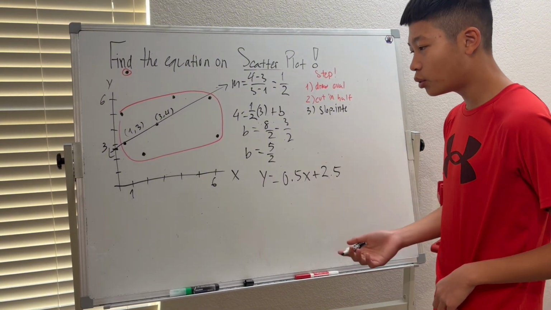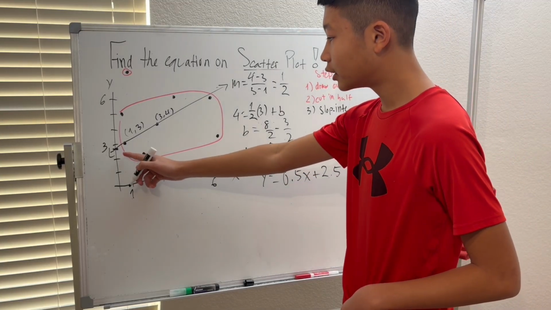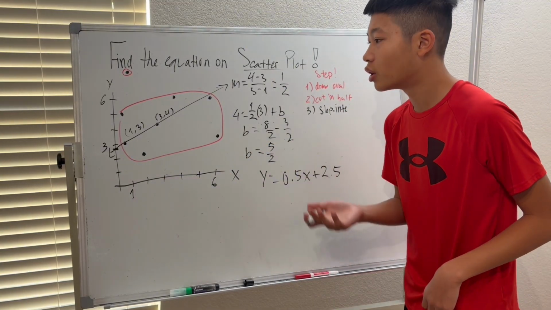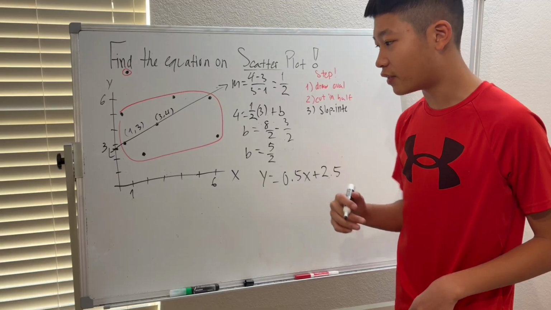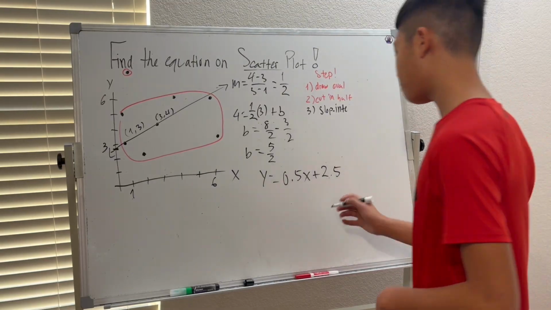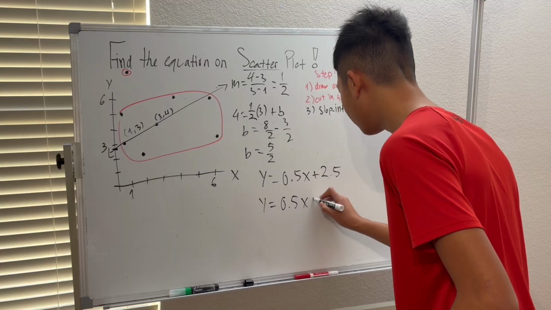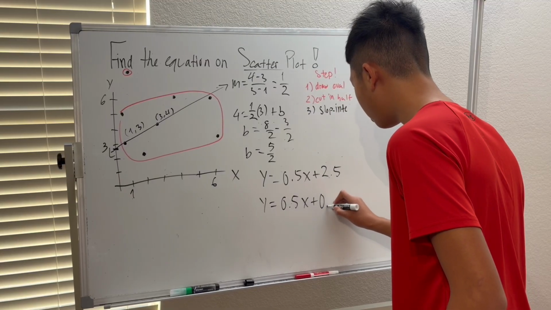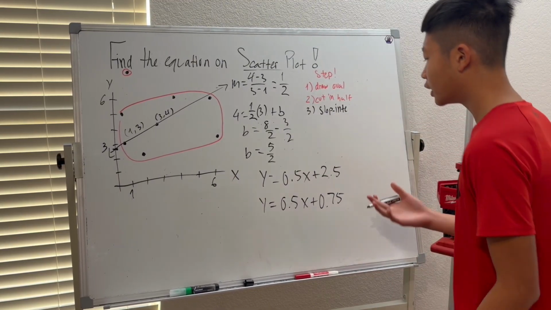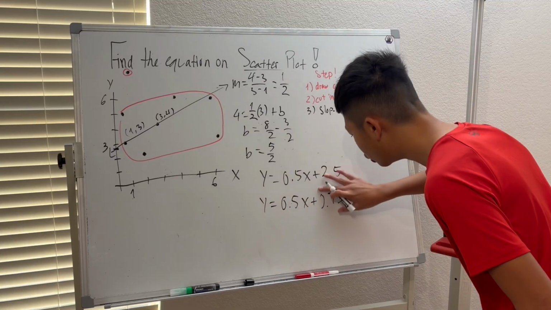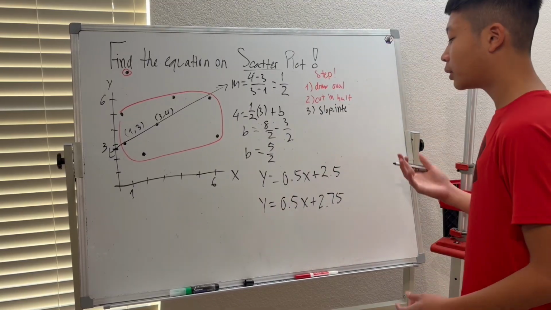Now, let's say this is 2.75 plus 0.75, right? No, 2.75, my bad. Let's plug in a number for x.